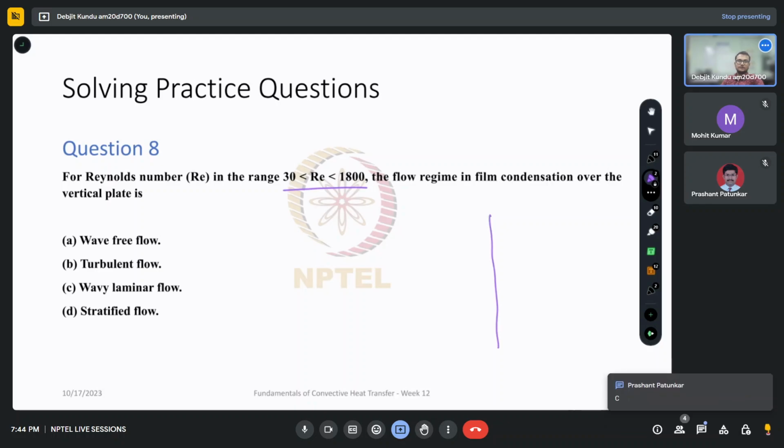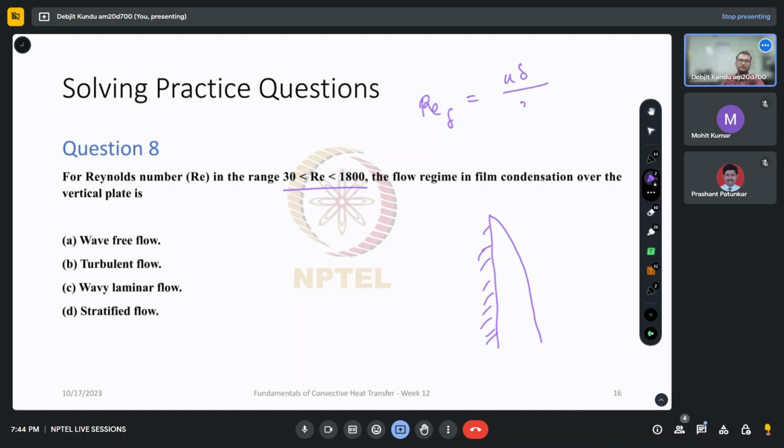This is in regards to film condensation once again, and the Reynolds number over here is with respect to delta, Reynolds number being U delta over nu.